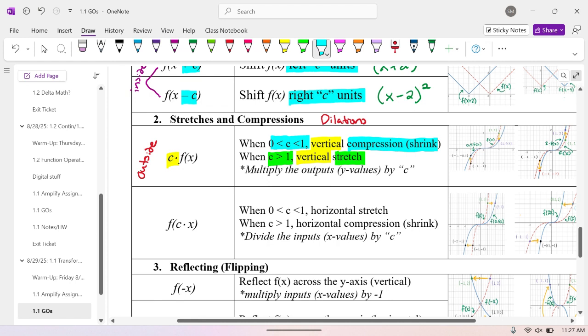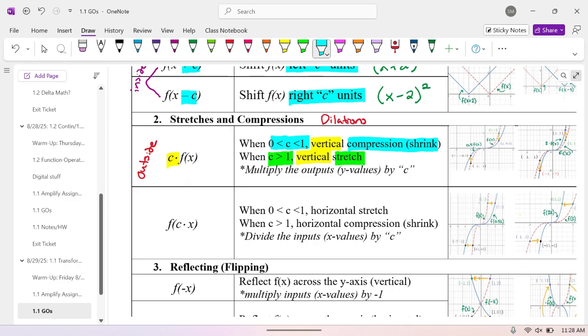Now, how that affects the graph, I like to use rubber bands to kind of represent it because it's really easy to see with the rubber band. So pretend that this rubber band in my hand, the way it is right now is its parent state. Nothing transformed yet. Now, if I stretch it vertically, what happens to the graph vertically? Did it get thinner or wider?